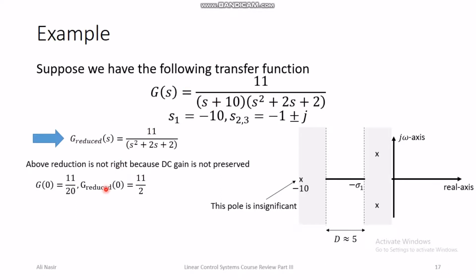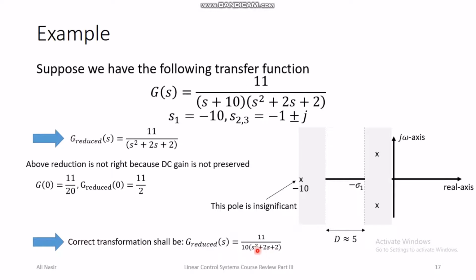So here in this case, if you put s equal to 0 in the original system, it becomes 11 over 10 into 2, which is 11 over 20, and if you put s equal to 0 in the reduced system, it becomes 11 over 2, which is not the same. But if we make the reduction like this, 11 over 10 times s square plus 2s plus 2, so we get rid of the s plus 10 pole, but we also add a constant factor of multiplication of 10 in the denominator, in order to preserve the DC gain.